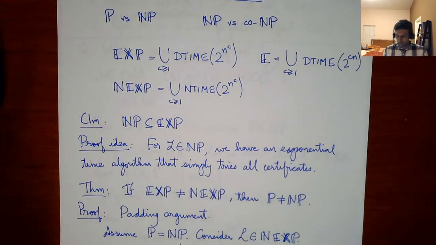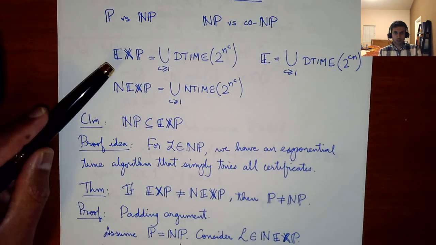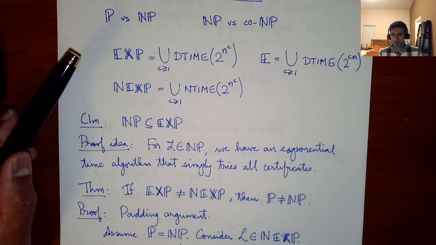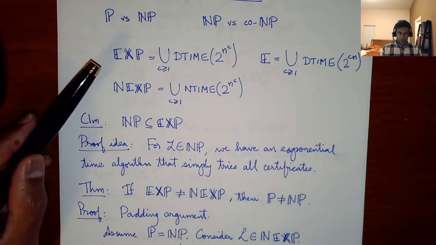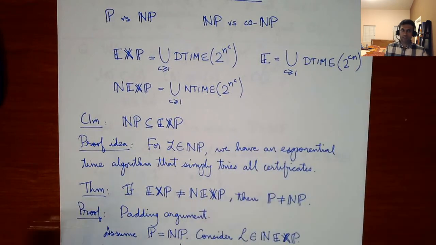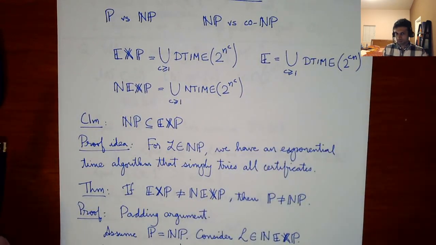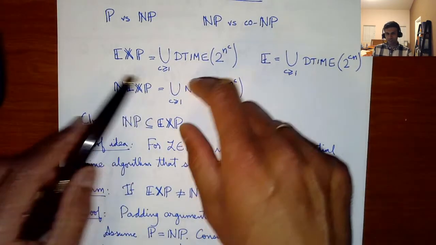So this satisfies a lot of closure properties, which you would not get over here. So this is somewhat nicer.